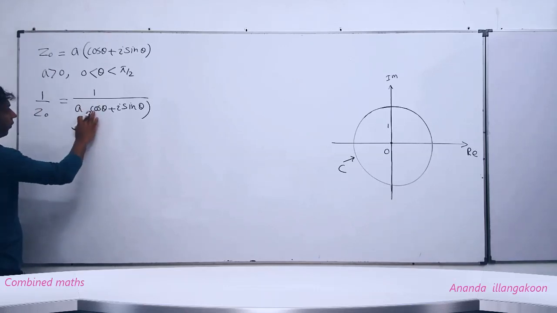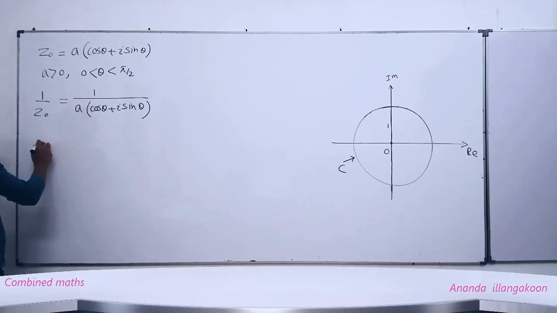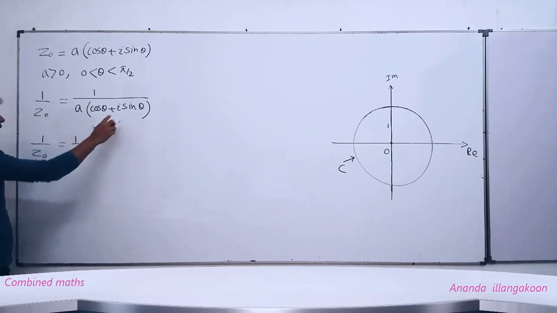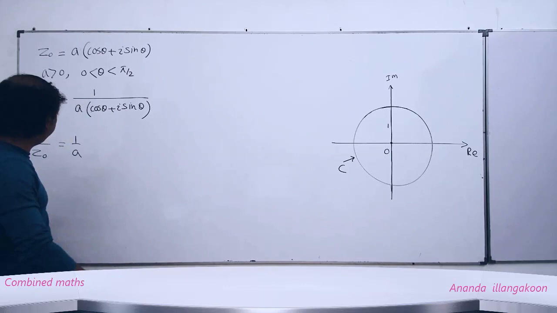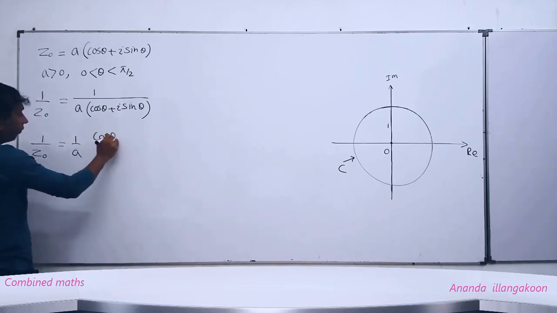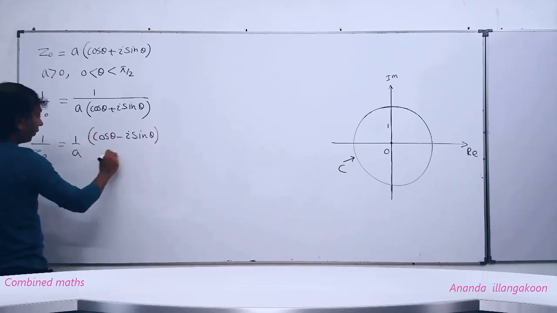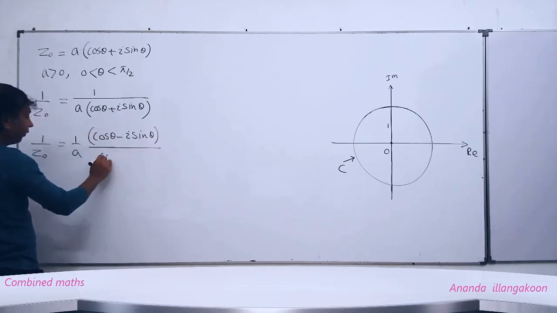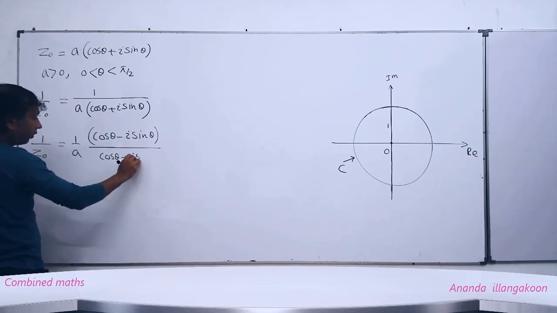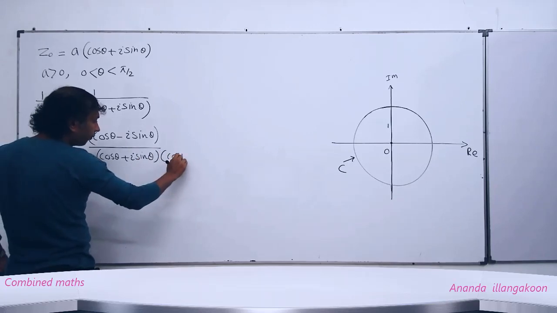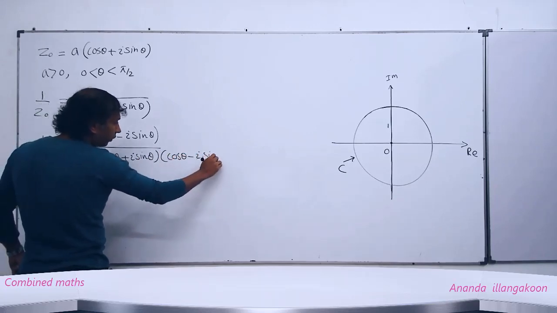Then we multiply numerator and denominator by its conjugate: cos theta minus i sin theta divided by cos theta plus i sin theta times cos theta minus i sin theta.